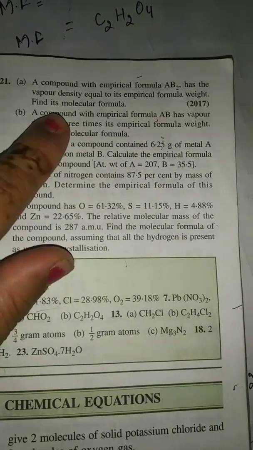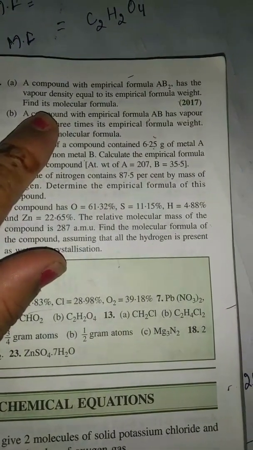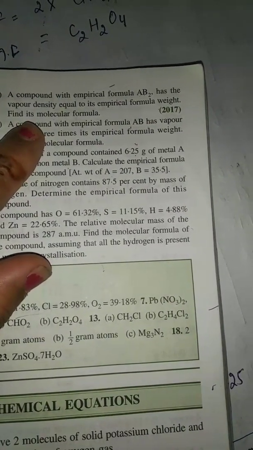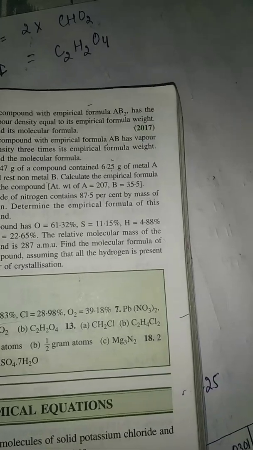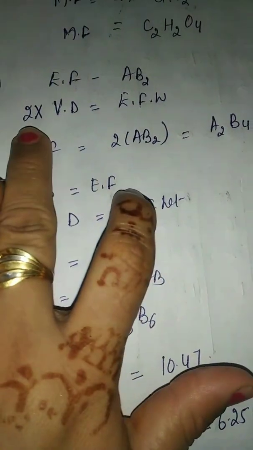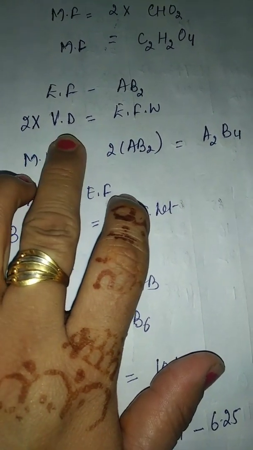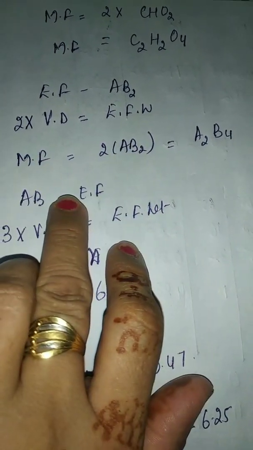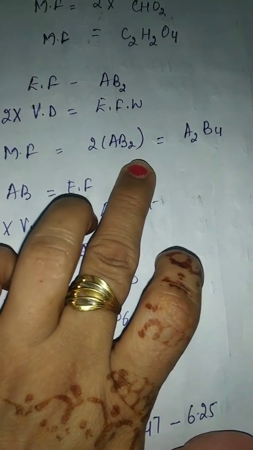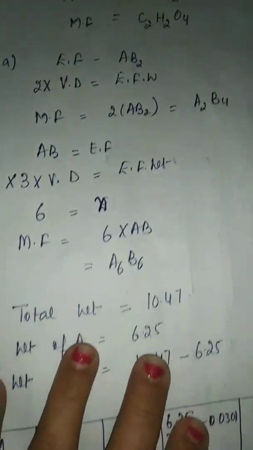Now come to next question, question number 21, A part. A compound with empirical formula AB2 has the vapor density equal to its empirical formula weight. Find its molecular formula. So empirical formula AB2 is given. As we know, 2 into vapor density is equal to empirical formula weight. So simply we will multiply empirical formula by 2. We will get A2B4.